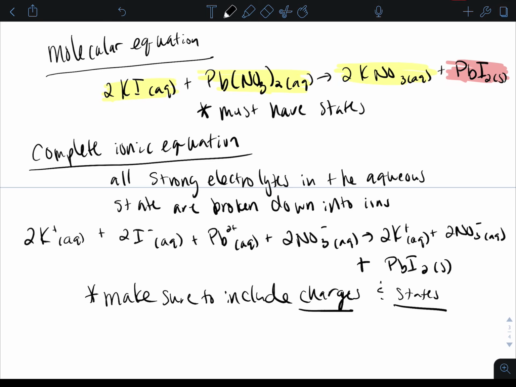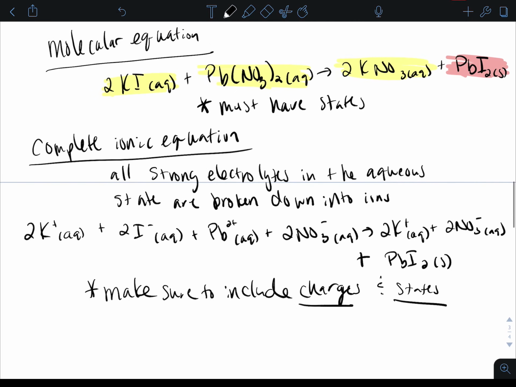And when you are balancing this out, remember that any stoichiometric coefficient is going to be applied to every ion within the compound. And then remember that if you have a subscript, it's going to apply to the thing that it is directly connected to.